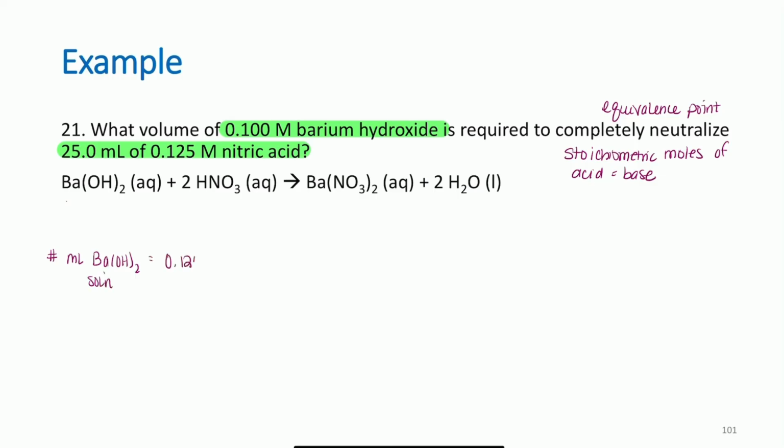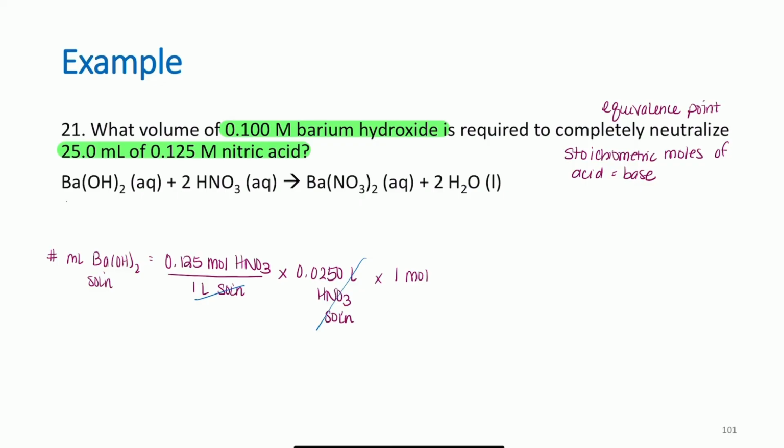I'm starting with a 0.125 molar solution, which is 0.125 moles of nitric acid in 1 liter of solution, times 0.025 liters of nitric acid. That gets me moles of nitric acid. Now I convert to moles of barium hydroxide.